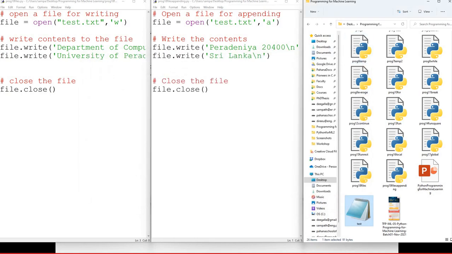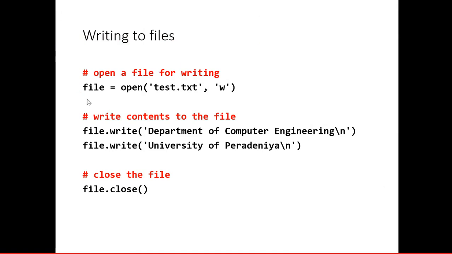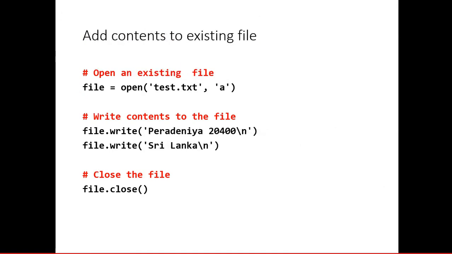So let me start with that one. Okay, so we have done up to this point. Let's look at the reading. Now the reading, there are many ways that you can do. I will start first of all reading line by line, right? And I will explain how you may read a file.